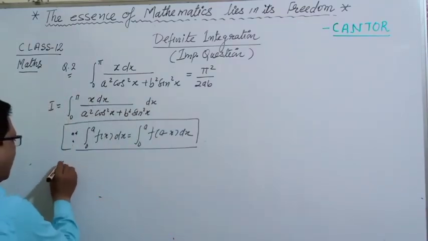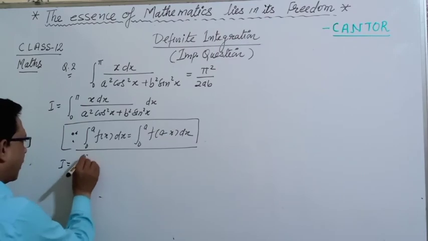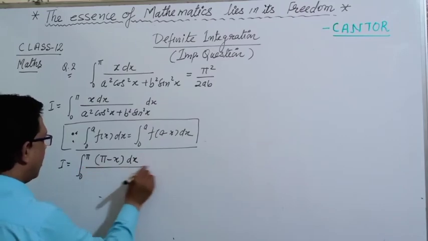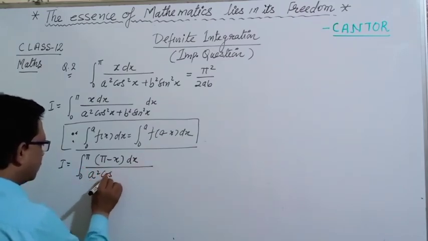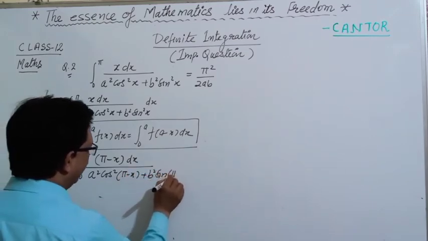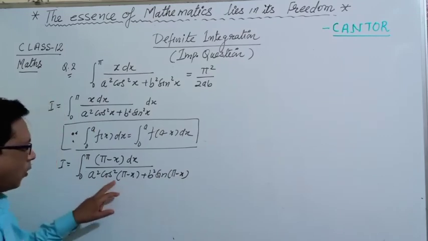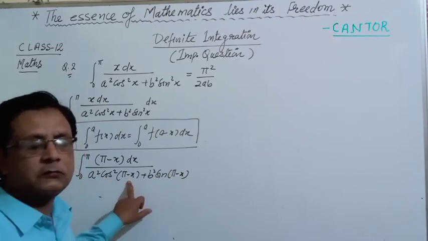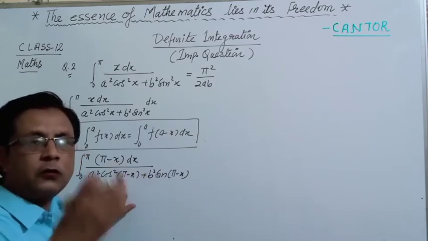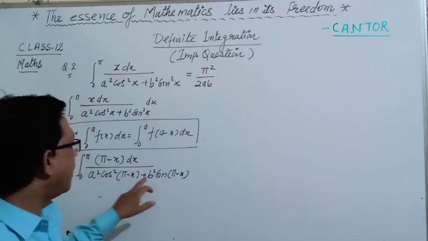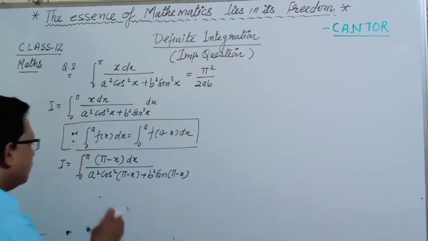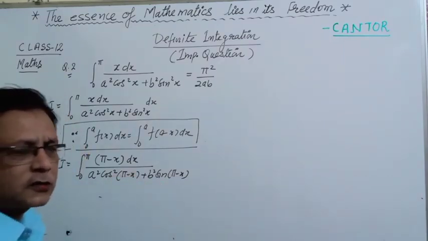We write I is equal to the integral from 0 to pi of (pi minus x) dx upon a square cos square (pi minus x) plus b square sin square (pi minus x). Cos 180 minus theta is minus cos theta, but since the square is present, minus cos theta whole square is cos square theta, and in the second quadrant sine is positive, so there is no change in sign.